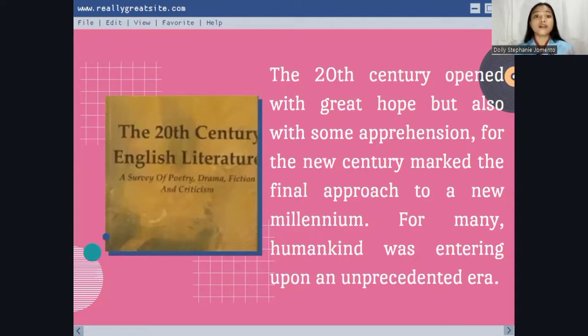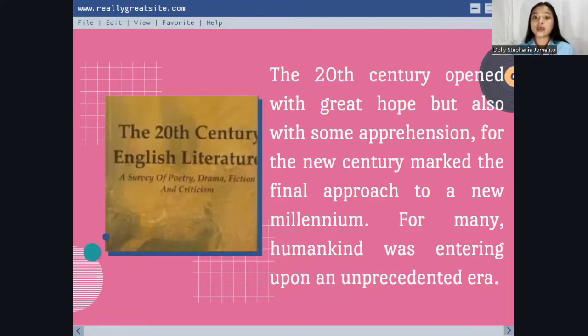These are the Spanish flu pandemic, World War I and World War II, nuclear weapons, nuclear power and space exploration, nationalism and decolonization, technological advances, and the Cold War and post-Cold War conflicts.